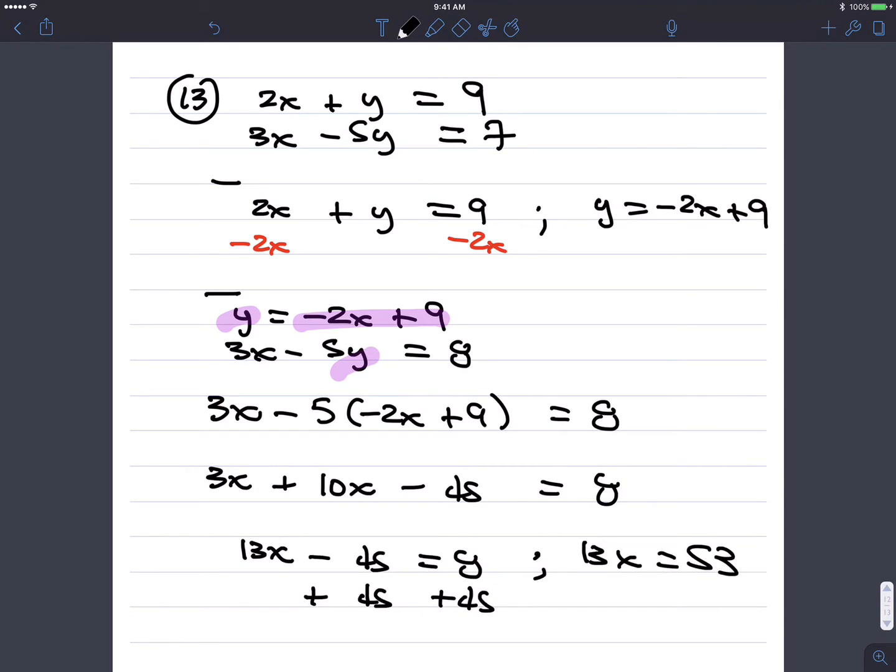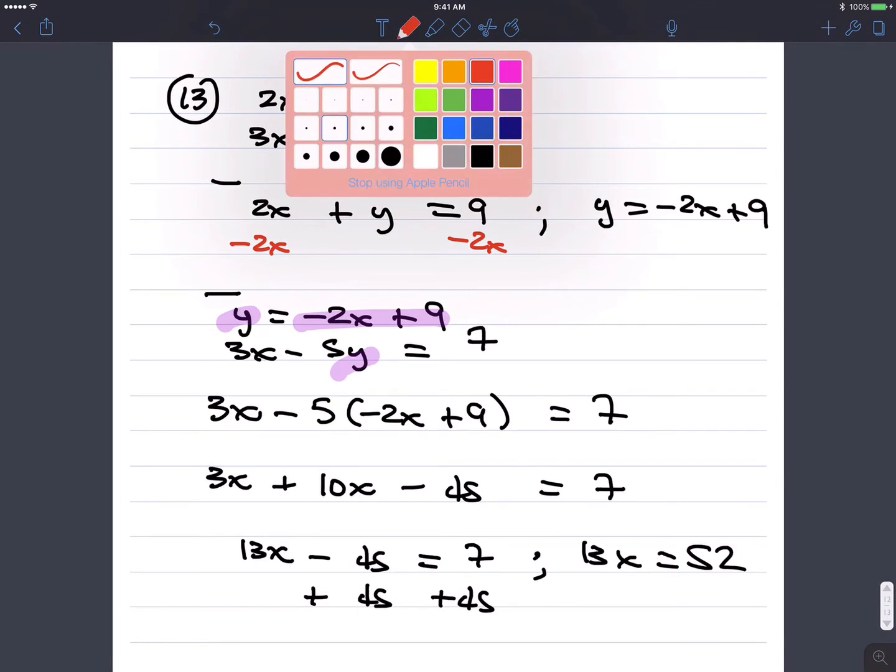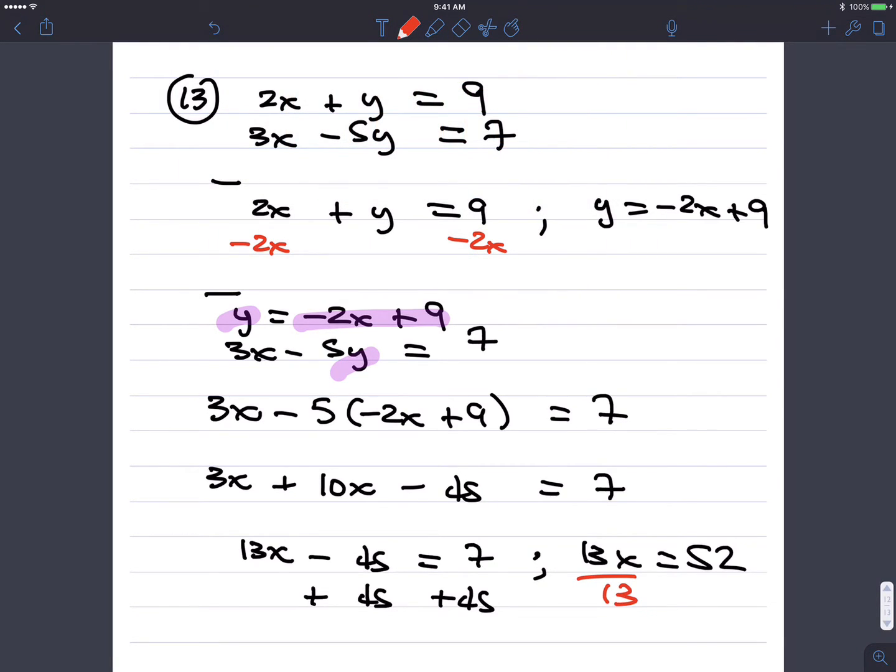Okay. That makes things a lot nicer. You can divide both sides now by 13. And you get x is, I believe, 4.